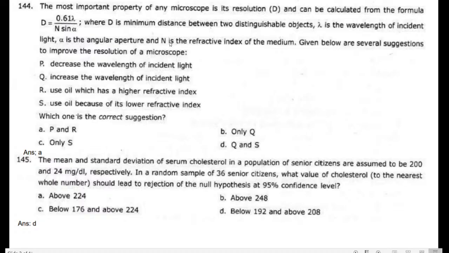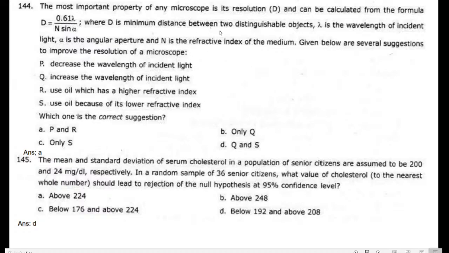For example, if the emulsion oil's refractive index is higher, the resolution increases, and that gives a better result and a better image.